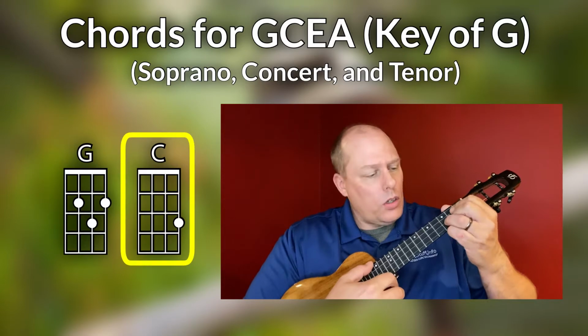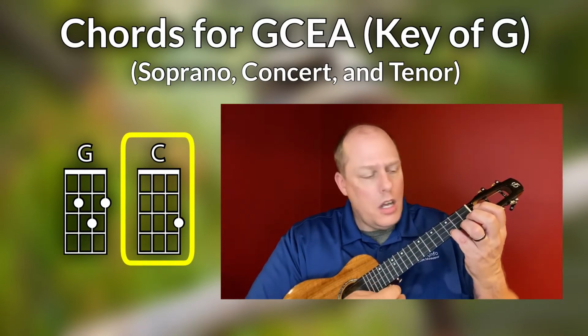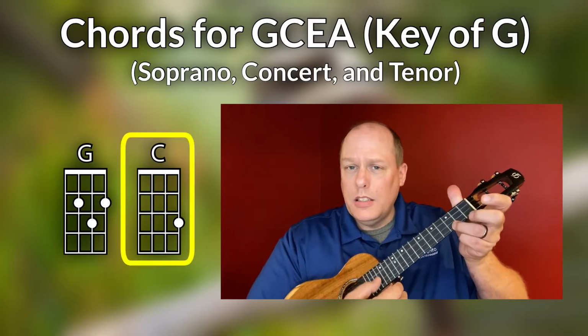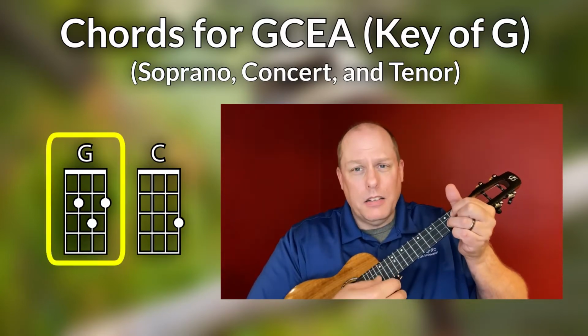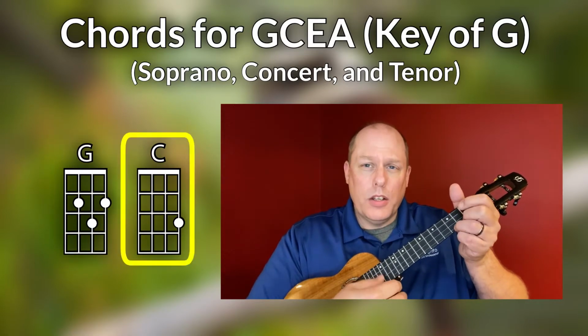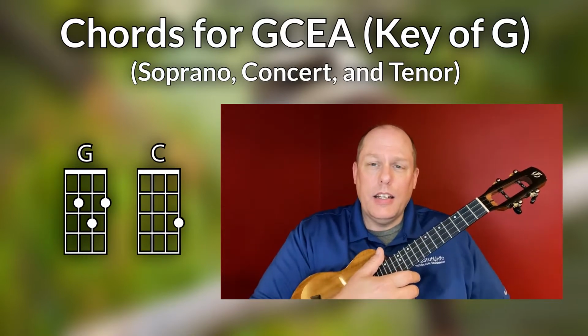Then you have the C chord. Now you could use the pinky to make the C, but most of the time it's just the third finger sliding over. So you have G to C and then back again, and it's also a great practice with the song. And those are the two chords you need on GCEA ukulele in the key of G.